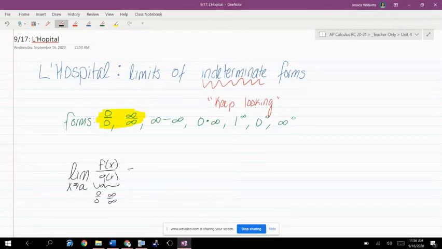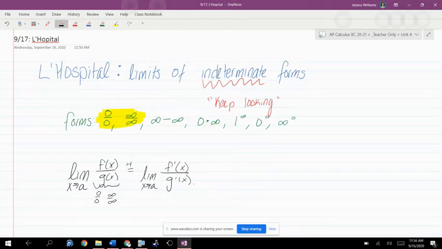Here's how you L'Hopital. You're going to love this. First, you put an equal sign with a little h for L'Hopital. Then you're going to take the limit. Instead of taking the limit of a function over function, you're going to take the limit of the derivative of the function over the derivative of the function. Not a quotient rule. No yodeling involved.